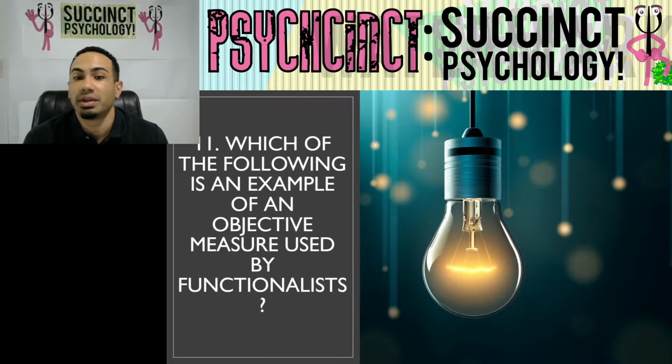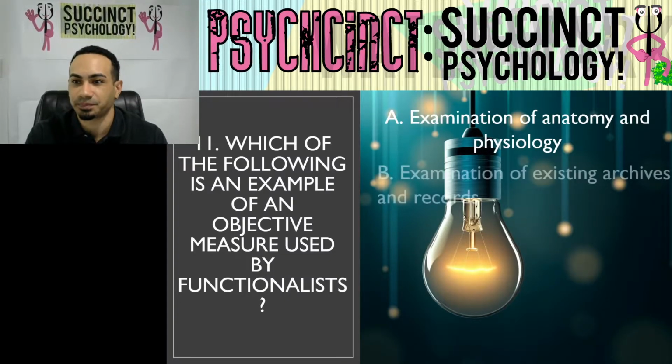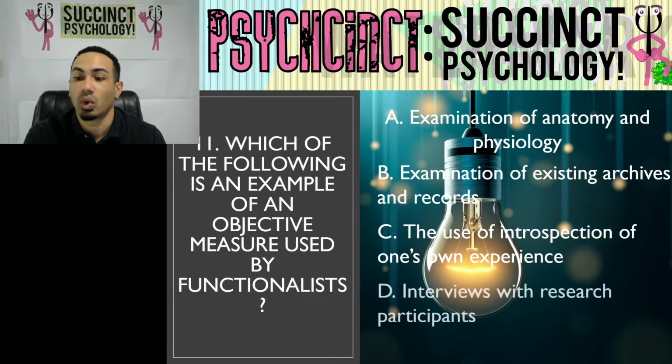Alright, which of the following is an example of an objective measure used by functionalists? A, examination of anatomy and physiology. B, examination of existing archives and records. C, the use of introspection of one's own experience. Or D, interviews with research participants. All right. An example of an objective measure used by functionalists.